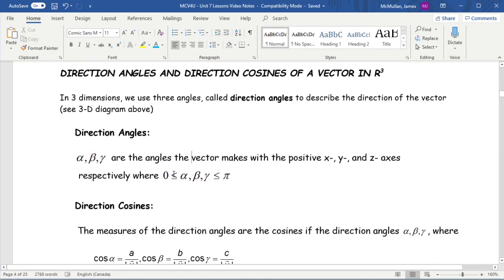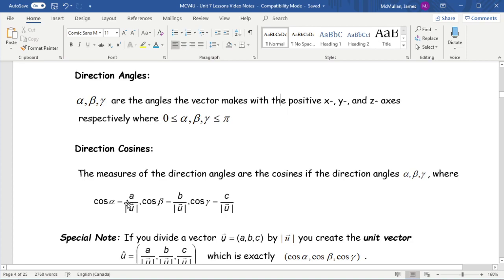Always, we are going to define these as a number between 0 and pi because we don't want to go a full rotation. We're just going to take the half angle. If it goes over to the other side, then we're just going to take the angle on that side. So it's the angle with the positive x, y, or z axis.